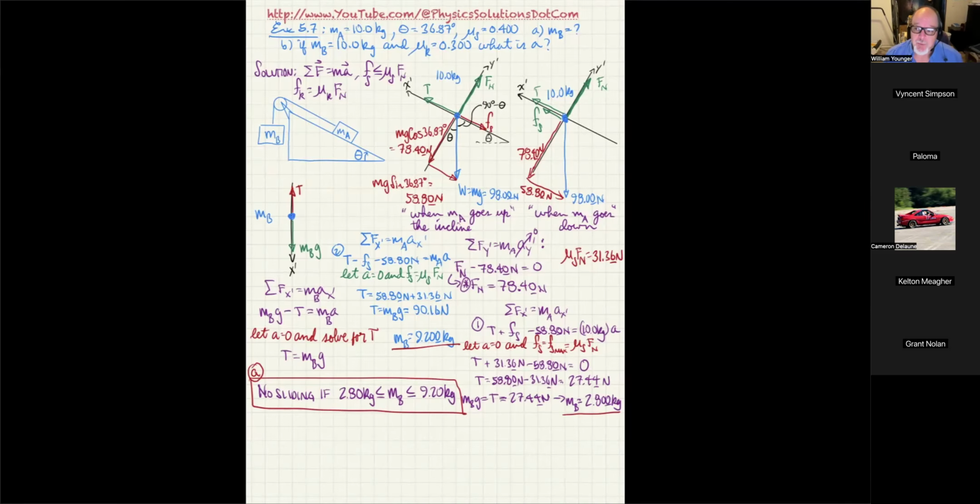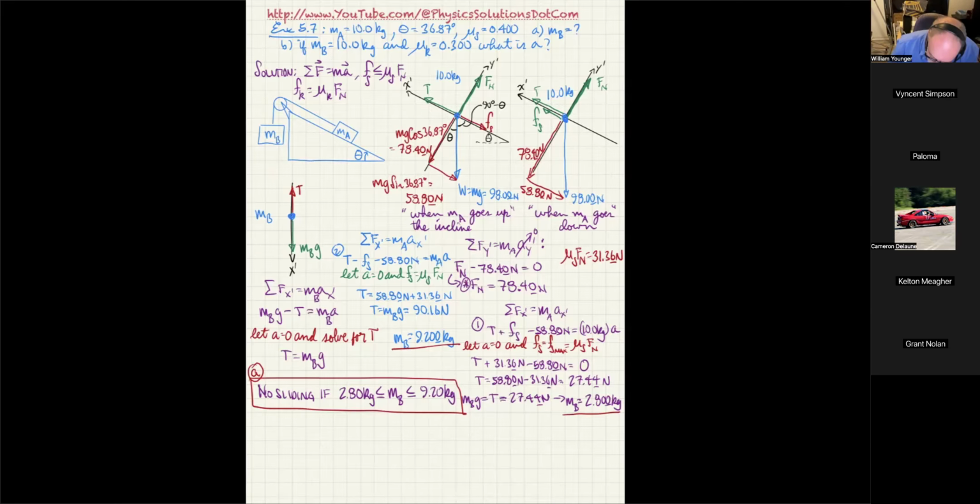A big part of what you're supposed to learn here is that once you've exceeded the maximum force that static friction is capable of generating, it just automatically jumps to the kinetic friction. So we're going to calculate the kinetic friction and throw that in.